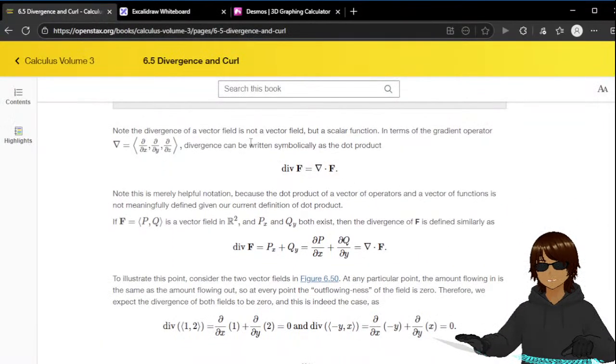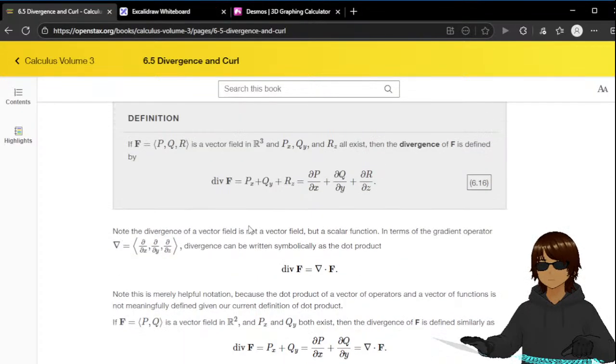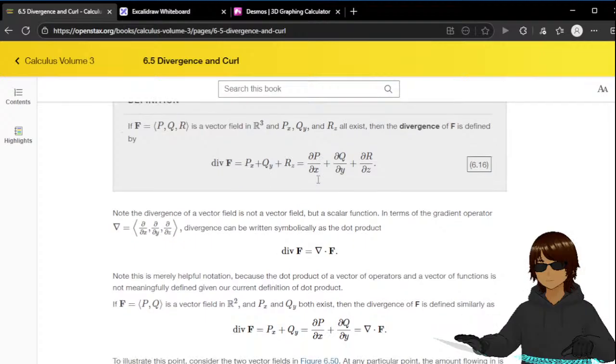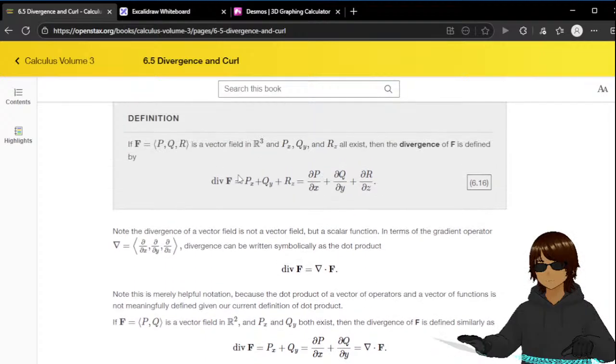Note that the divergence of a vector field is not a vector field but a scalar function. It's a scalar function.